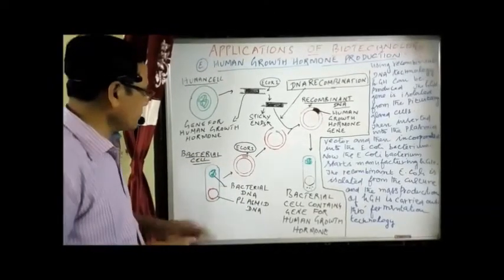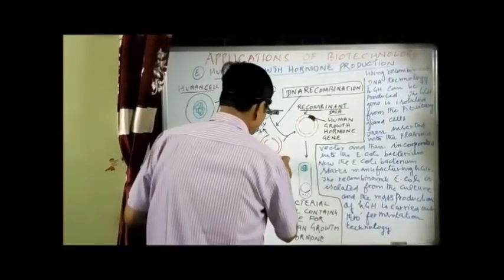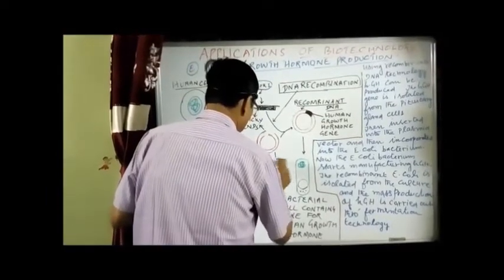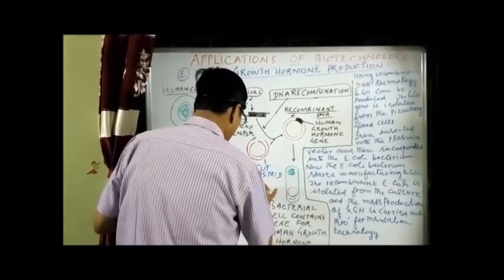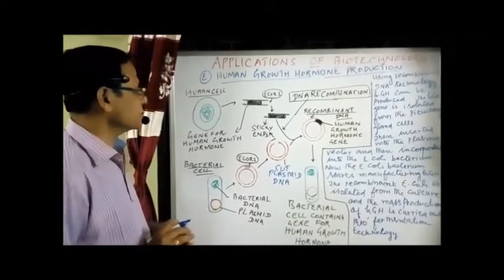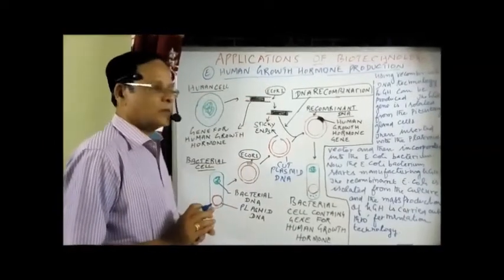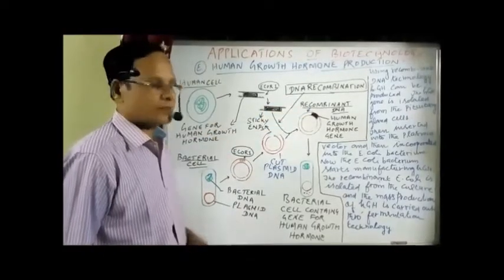Now we have the cut open plasmid DNA, using the same restriction endonuclease enzyme EcoRI.